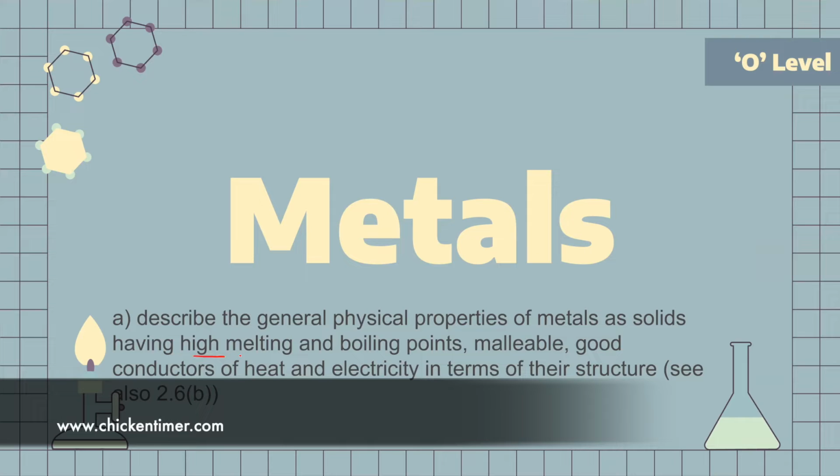There's this thing, they have high melting and boiling points. We kind of know, right? Because you've done primary school science and lower secondary school science, they have talked about it over and over again that most metals have high melting and boiling points, right? Then there's a second word down here, malleable.